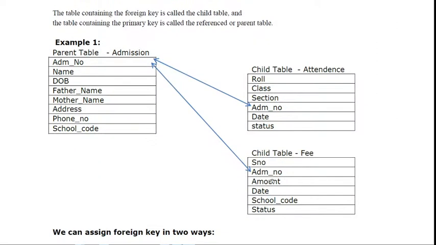First of all, we have taken three tables: admission, attendance, and fee. Now you need to imagine. So attendance and fee tables are called the child tables, and admission table is the parent table.